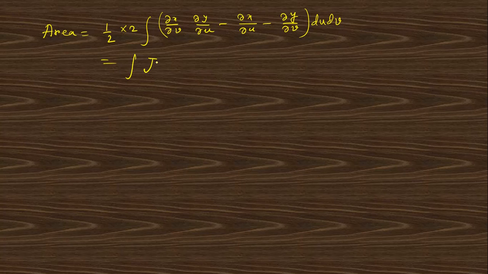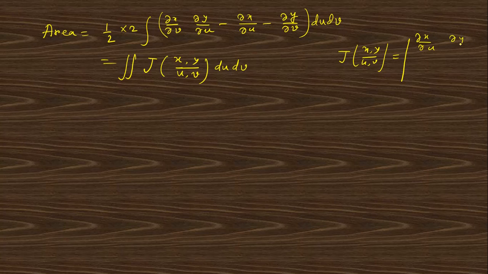And this can be written as the determinant, the Jacobian ∂(x,y)/∂(u,v). The Jacobian of xy with respect to uv is nothing but ∂x/∂u, ∂y/∂u, ∂x/∂v, ∂y/∂v. So you need to multiply ∂x/∂u into ∂y/∂v. You will get this expression.